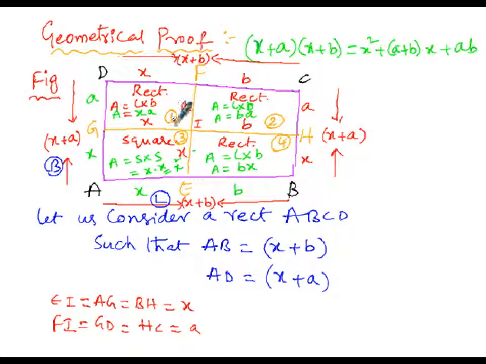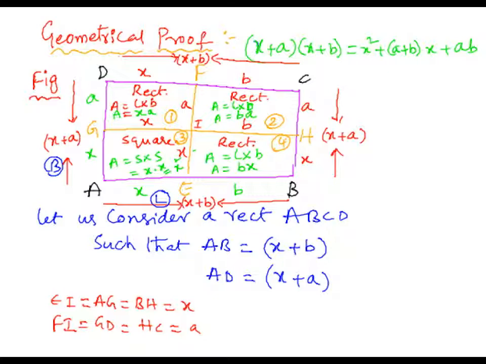First figure area is xa and second figure is ba, that is ab, then third figure is x square and fourth figure is bx. So first one xa plus second one ab plus third one x square plus fourth one bx.